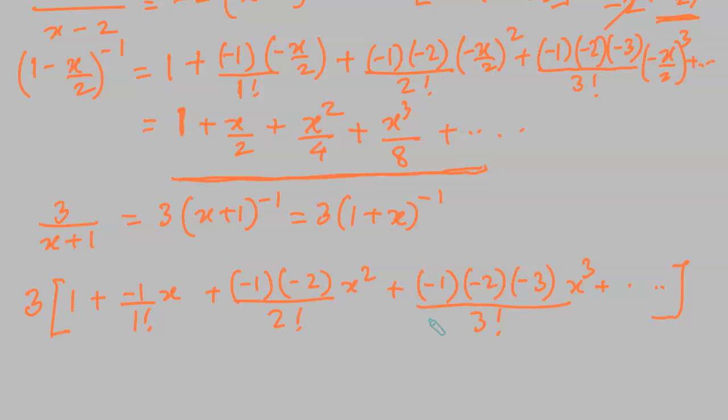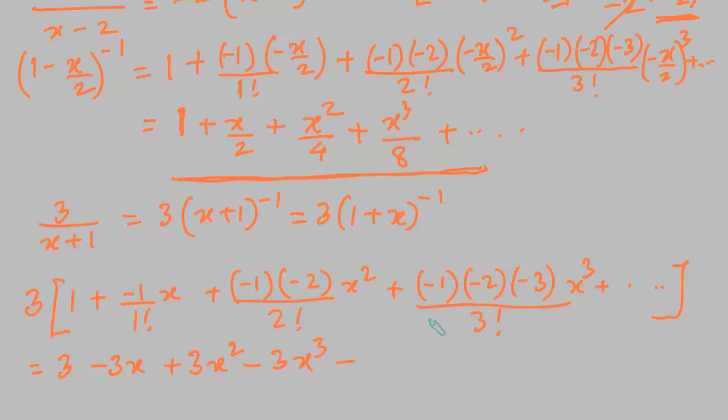Okay, so this is equal to 3 and this is minus x, so minus 3x. This one is 2 over 2 is 1, so it is plus 3x square, and then this is minus 6 over positive 6, so it is minus 3x to the power of 3, and so on.